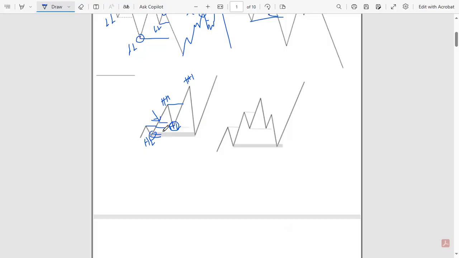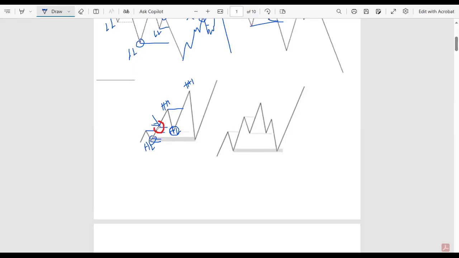Because if we had a fair value gap here, it means this fair value gap was filled with this move, but this move didn't mitigate this order block. This movement didn't mitigate this bullish order block on the discount level, but just filled this imbalance and then pushed higher, creating a new high.